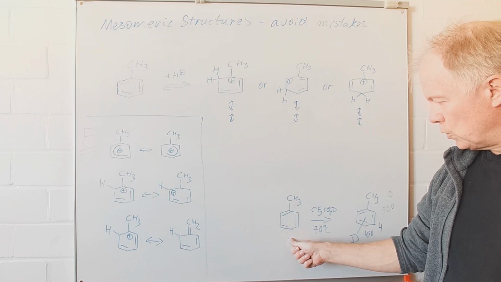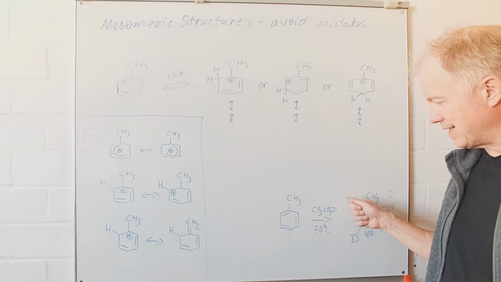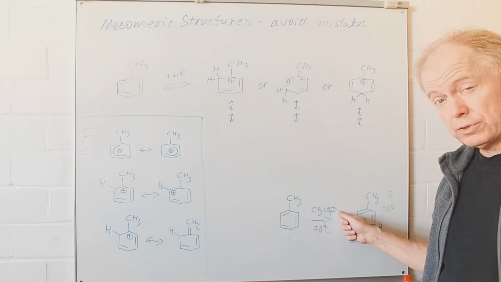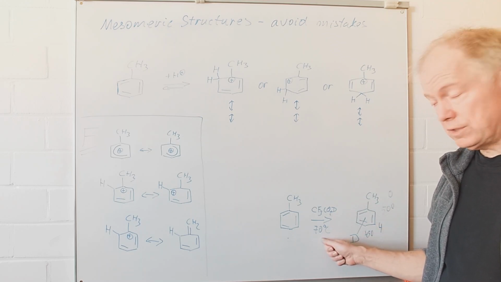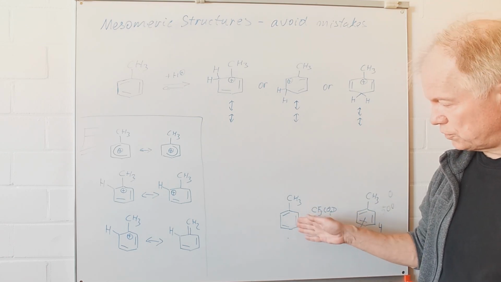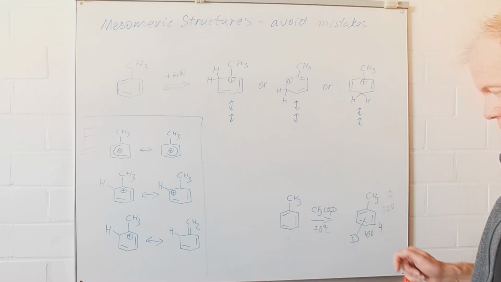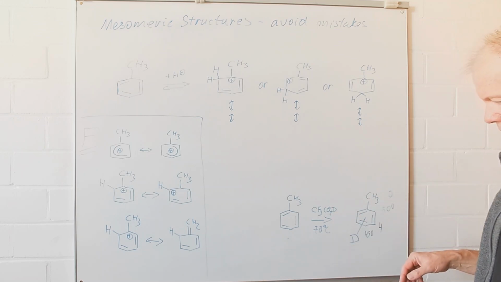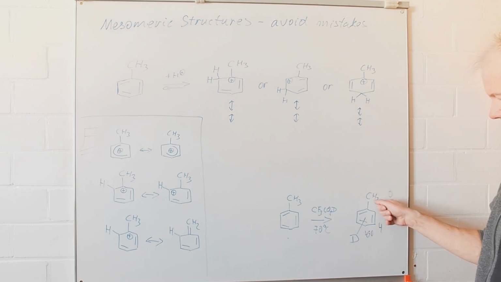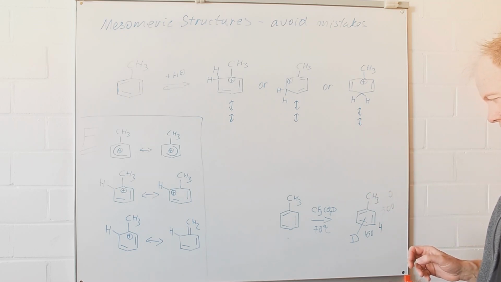Toluene was led to react with trifluoroacetic acid, a deuterated one, at 70 degrees. Then the deuterium is transferred to the ortho and para positions preferentially. They made the experiment and found out after a while at 70 degrees that at the CH3 group there is no hydrogen-deuterium exchange.